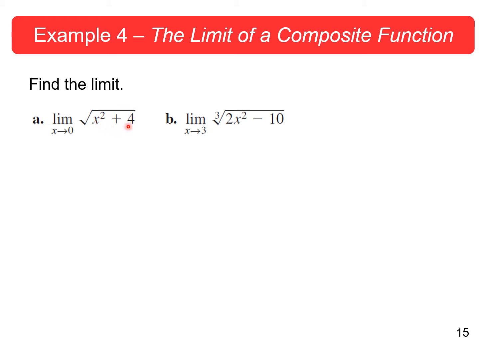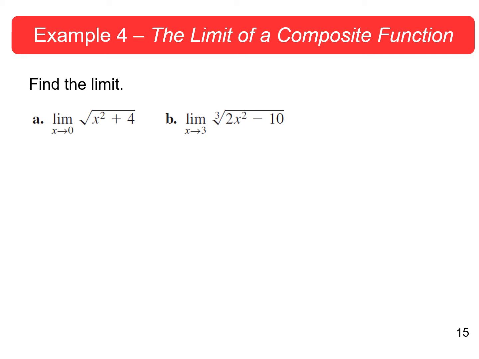So the limit of the radicand is just equal to 4, and then the square root of 4 is equal to 2. So that is the value you get by just using direct substitution. Now, let's try to solve this in an alternative way by using the limit of a composite function.